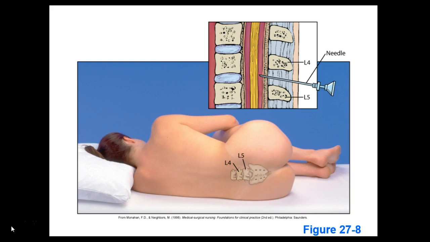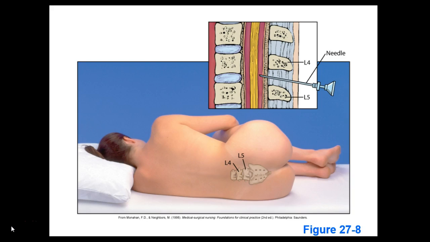In this picture, you see how the patient is positioned for their spinal or their lumbar puncture. The patient is curled to their side in a fetal position. The physician will numb the area, and then they will insert a spinal needle into the area between the L4 and the L5. They want to go to that area because the spinal cord does not extend down to the L4 or L5, so we don't have to worry about accidentally puncturing the spinal cord.